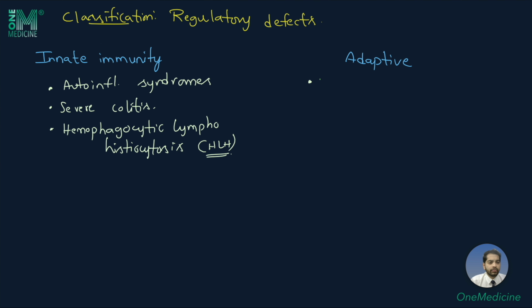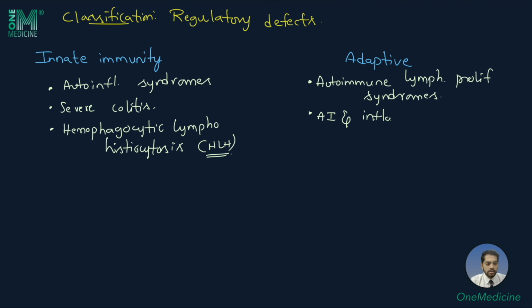Adaptive immunity defects include autoimmune lymphoproliferative syndromes, autoimmunity, and inflammatory diseases.